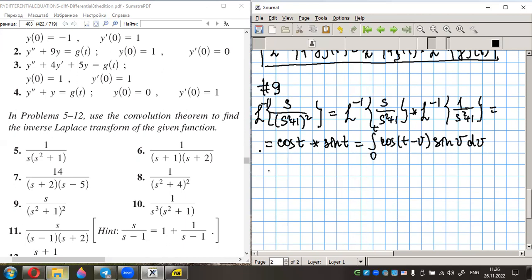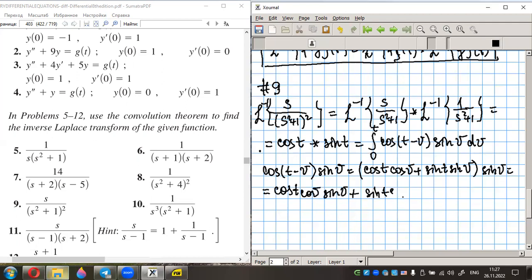And let me write cosine t minus v times sine v equals cosine t cosine v plus sine t sine v times sine v, and if we open the brackets, we obtain cosine t cosine v sine v plus sine t sine squared v, or 1 over 2 cosine t sine 2v plus 1 over 2 sine t times 1 minus cosine 2v.